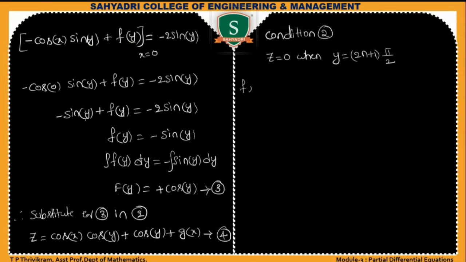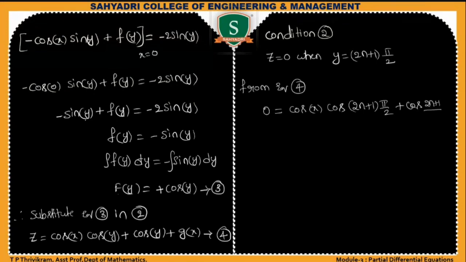From equation 4, take z is equal to 0 on the left hand side, which is equal to cos x into cos of (2n plus 1) into pi by 2, plus cos y, that means cos of (2n plus 1) divided by 2 into pi, plus g of x.